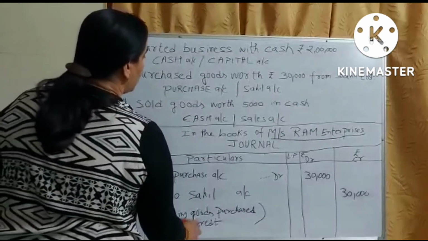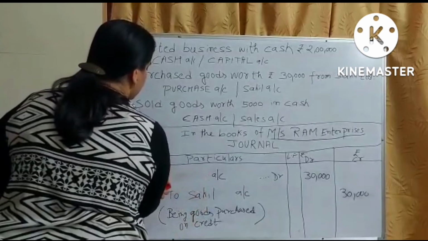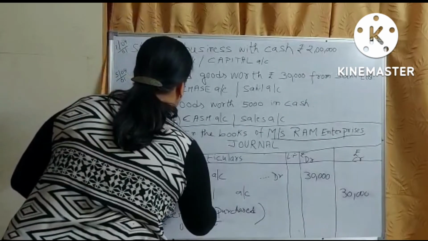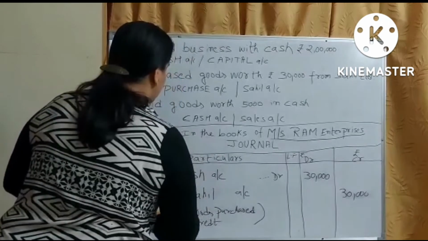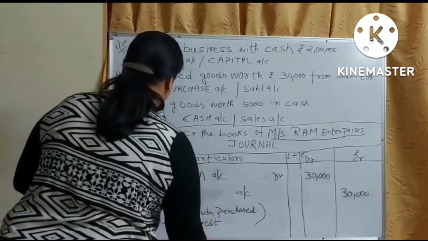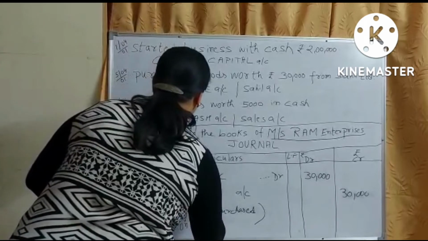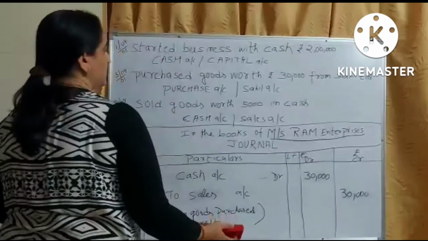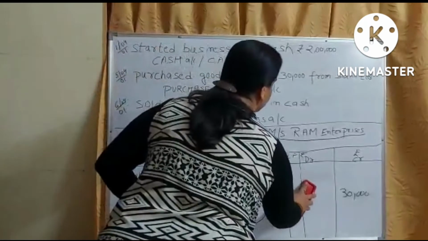Now the account to be debited is cash account and the account to be credited is sales account. The amount is 5,000.